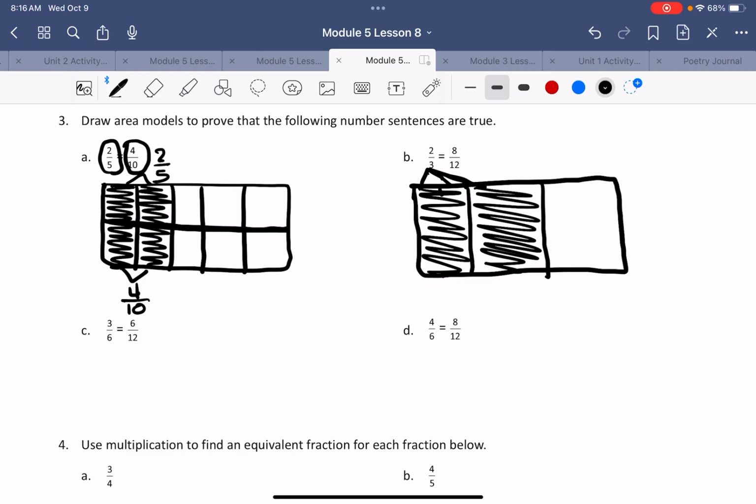To make this into 12ths, we're going to have to break the box into 4 more parts, or 4 parts the other way. Now we have 8 out of 12.